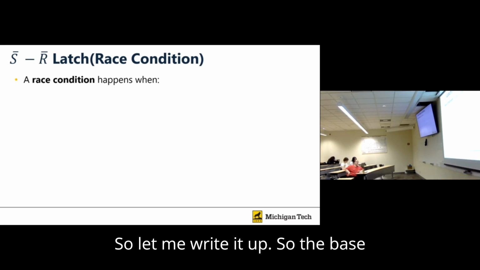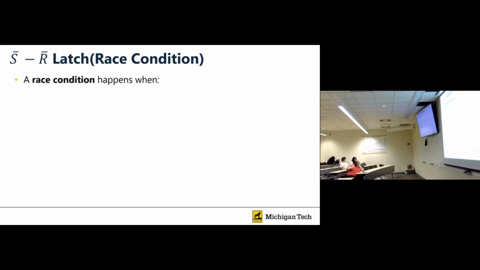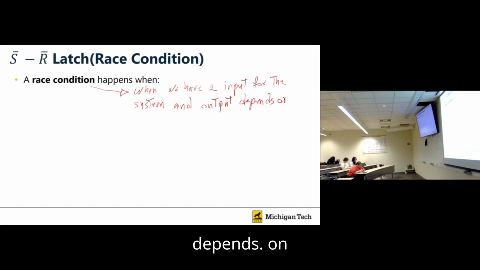The race condition is when the output depends on these two inputs. So let me write it down. So the race condition is when we have two inputs for the system and the output depends on which signal changes first.